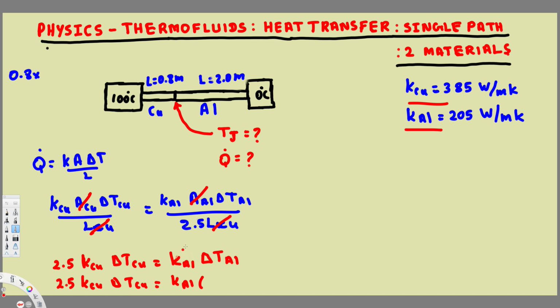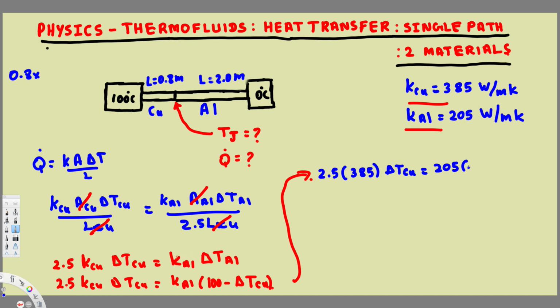Now we have all the values. Let's plug the values. So first start with this one. We have 2.5 times Kcu, that is 385, times delta Tcu, that's what we are trying to find. That is equivalent to Kal, that is 205, times 100 minus delta Tcu, right?